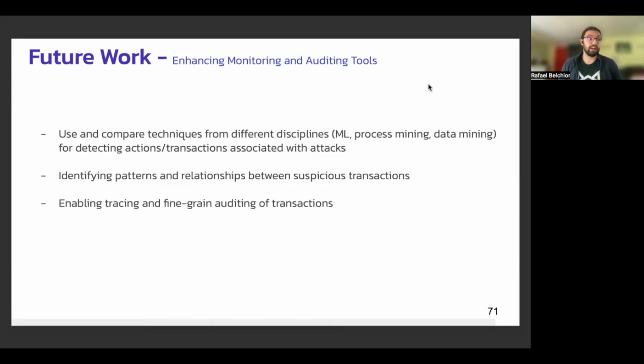We can try to derive the complex, subtle relationships between transactions in different systems by applying these techniques, which would enable tracing and fine-grained auditing of transactions. There are a few industry solutions that use this idea to try to prevent attacks and launch alerts, such as Hyperlane. It's a company that does this.